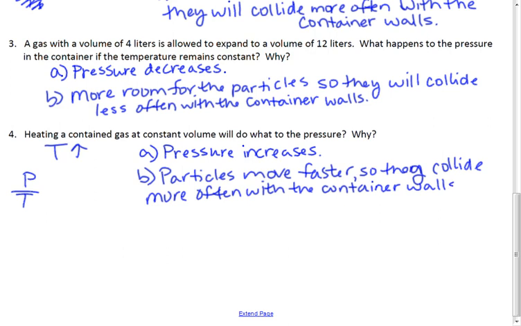On your test, you'll be given some different circumstances, and you can think about how the particles are moving. You can think about the equations to figure out how changing one variable will impact another.